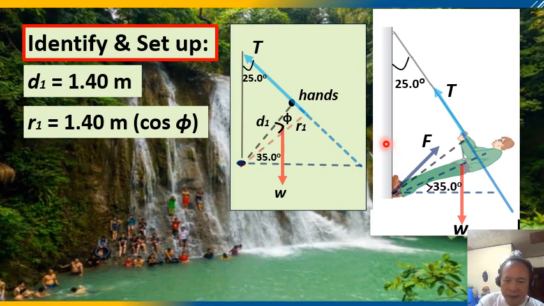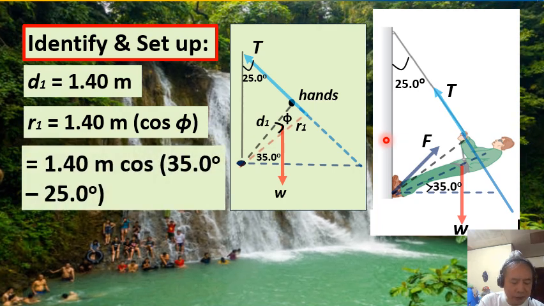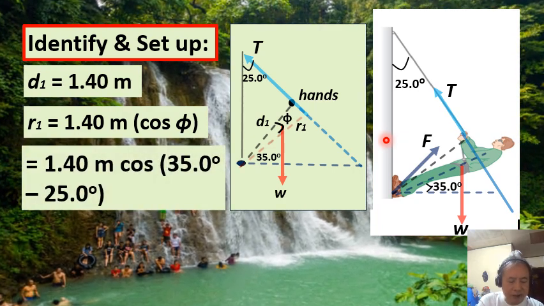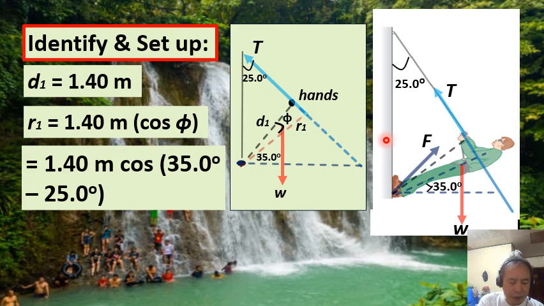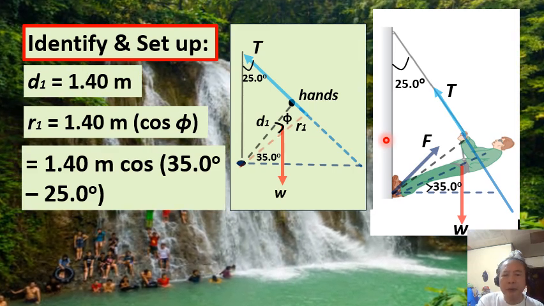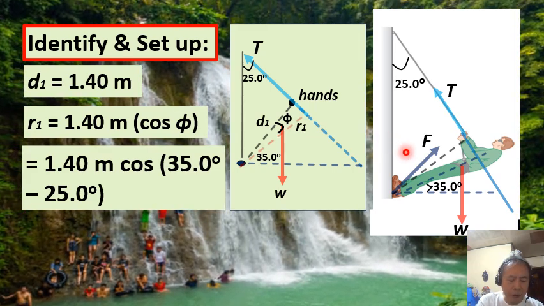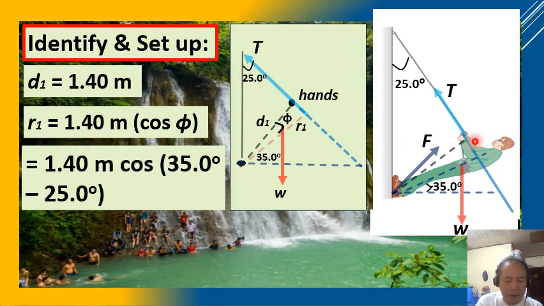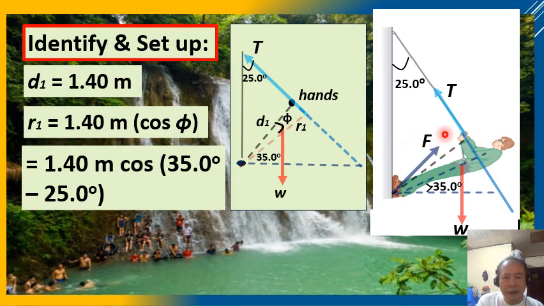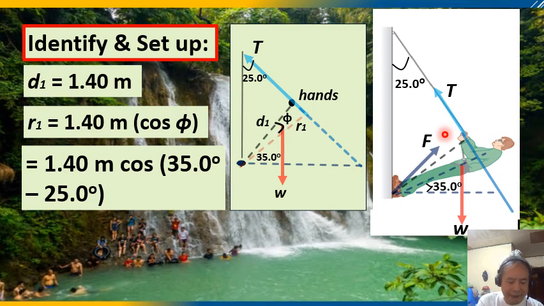And a little geometry will show that this angle phi is in fact equal to 35.0 degrees minus 25.0 degrees, or that is angle phi is 10.0 degrees.